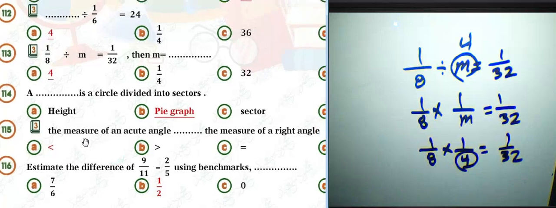Question 115. The measure of an acute angle is less than the measure of a right angle. Estimate the difference between 9 over 11 and 2 over 5 by benchmarks.